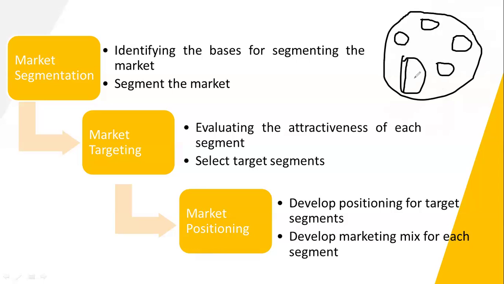So you select this segment, right? You select this segment and then you produce and provide your product to this segment. So all your marketing mix strategies, all your product development, pricing, placing and promotion are done targeting this set of customers. That's why I always told you during the marketing mix strategies that your marketing mix differs based on your target customers, right? So this is what we do in segmentation, targeting and positioning. Okay, do you have an overall idea?